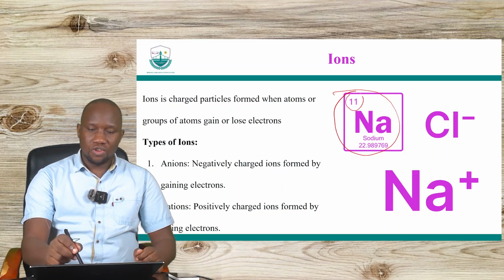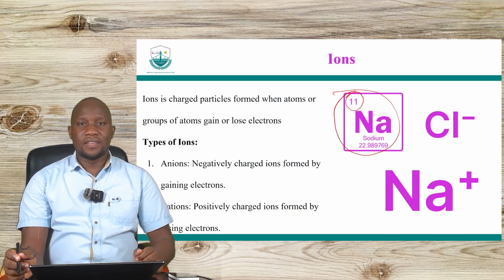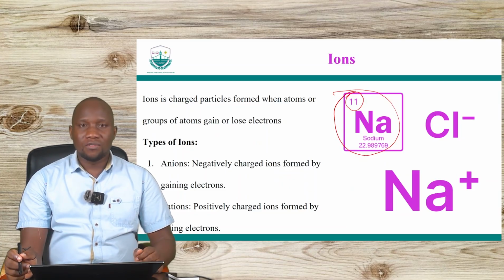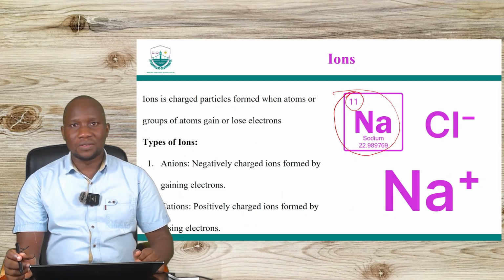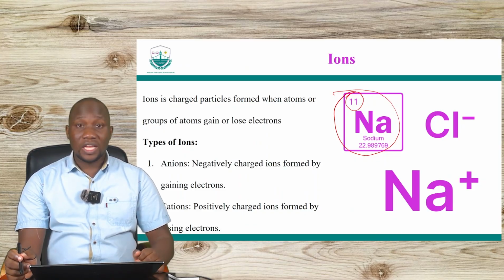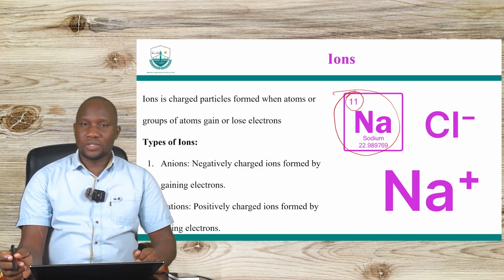It has an atomic number of 11. That is to say, it has 11 protons. Remember, for a neutral atom, the number of protons equals the number of electrons. So it has 11 electrons. So if it has 11 electrons, then we can write the electronic configuration.